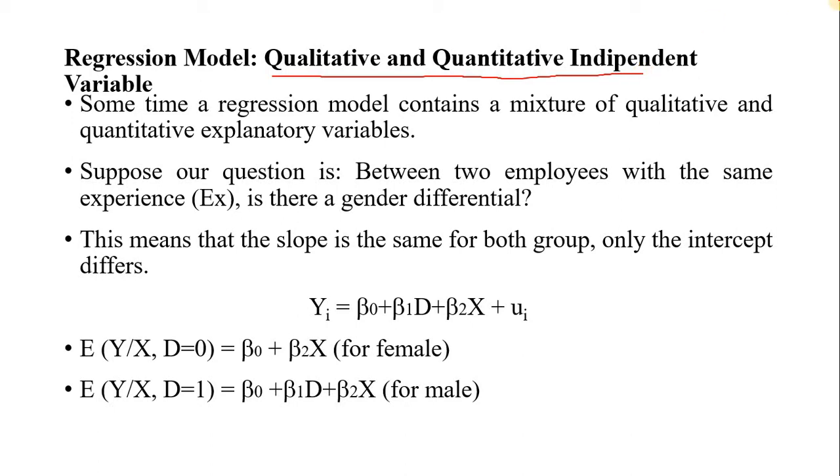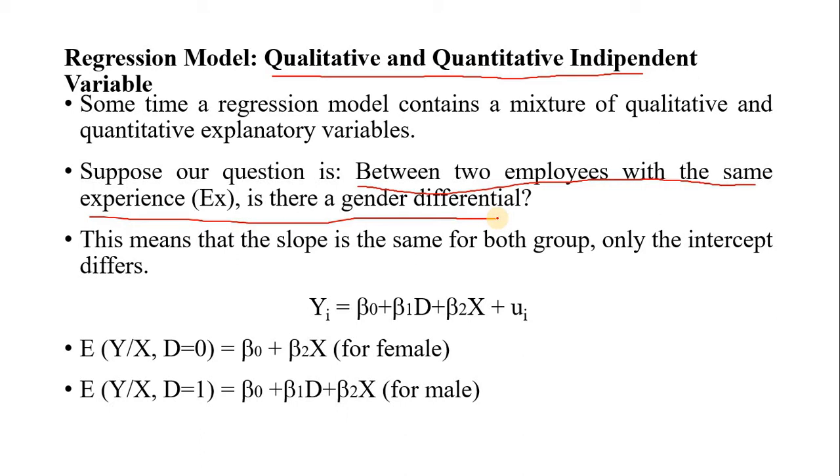Now we are going to see whether, between two employees with the same level of experience, there is any gender difference. I am taking only one dummy now. The dummy is gender, and I am taking a quantitative variable called experience. I am assuming that male and female have the same experience, and still there is a gender difference.